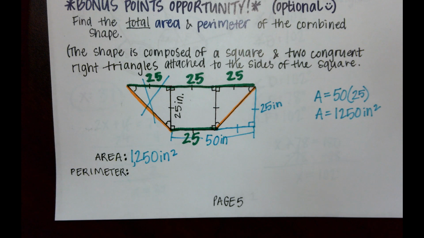What could we do to find those missing side lengths? There's a couple ways we could do this.